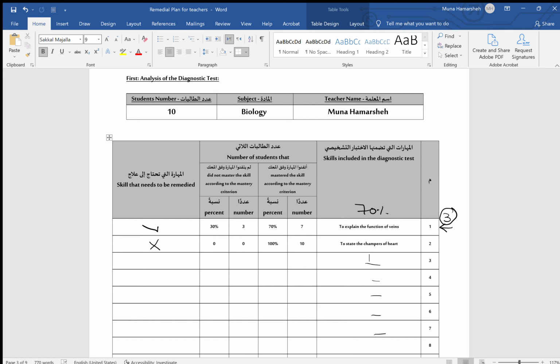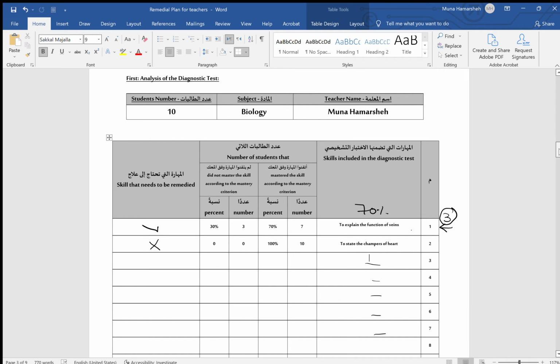That means any student who got 2.1 or above on this question is considered to have mastered the skill. Less than 2.1 means they did not master it. So anyone who got 2, or 1.5, 1.6, 1.7, 1.8, 1.9, or 1 or 0, they are among the students who did not master the skill.